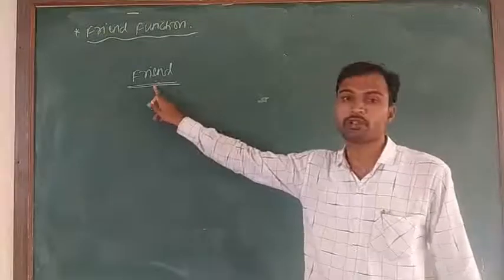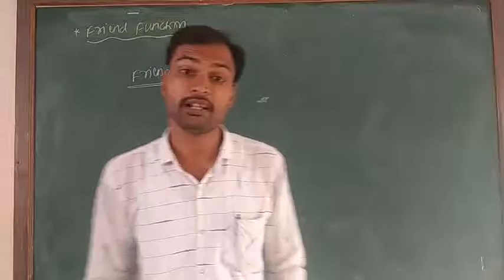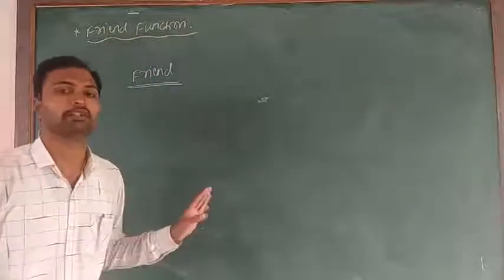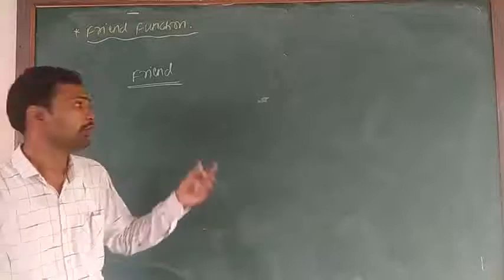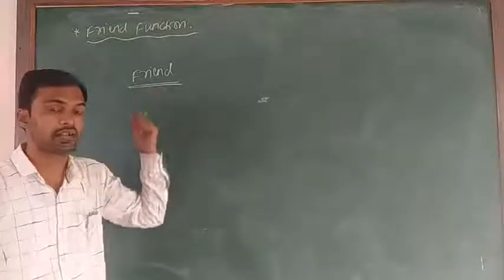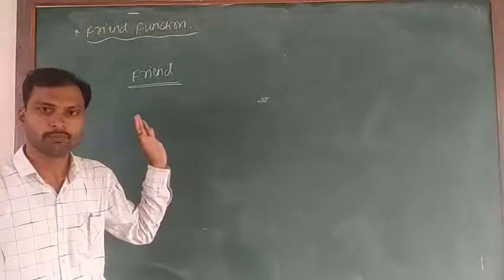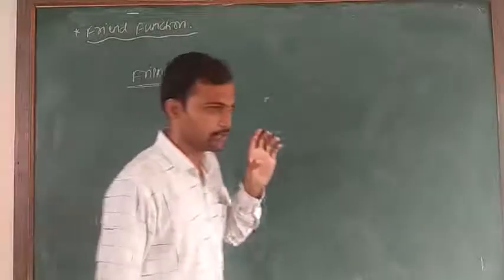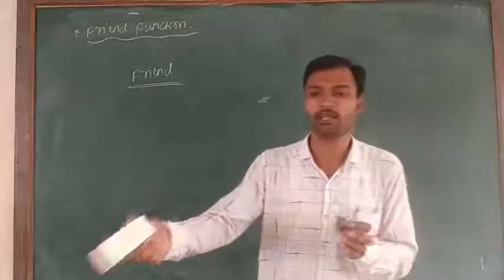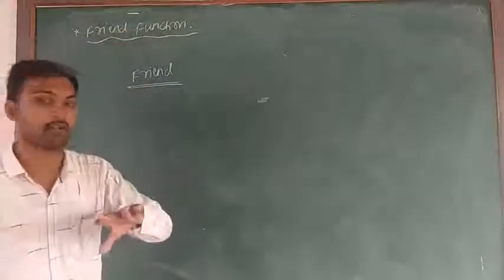A friend function can be declared within a class only, and it should start with the keyword friend. Using the friend keyword, we declare our friend function within a class, not outside it.